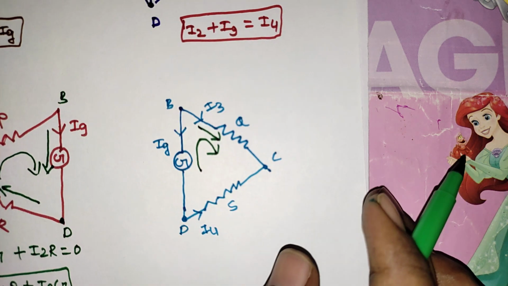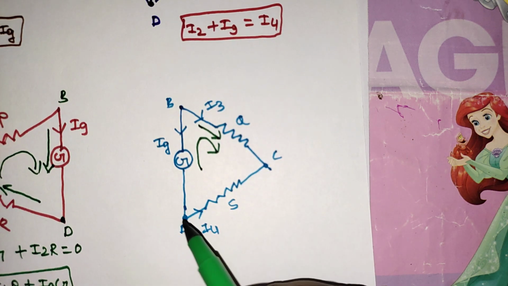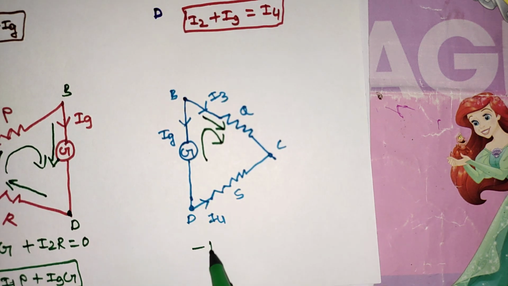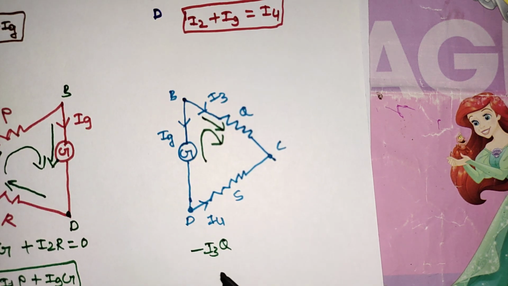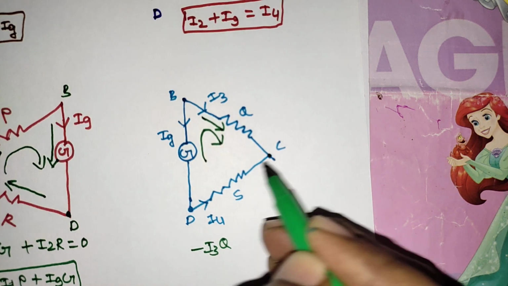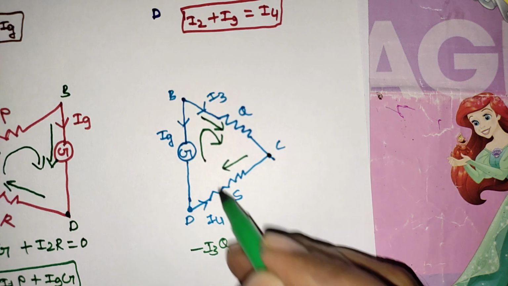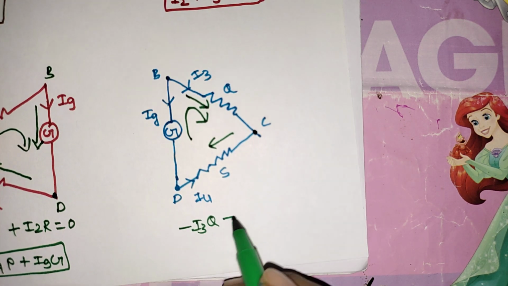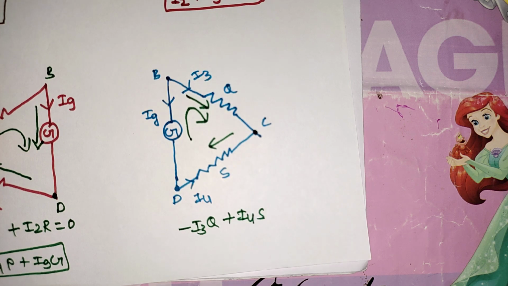When both are in the same direction, we know it can be taken as a negative. Minus I3Q. Next, if you are moving in this direction, both are in the opposite direction. So what can you write here? You can write plus I4S.